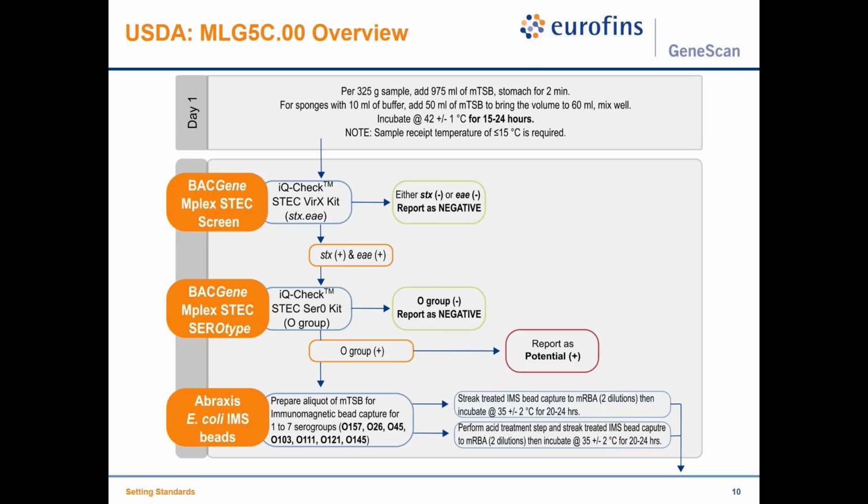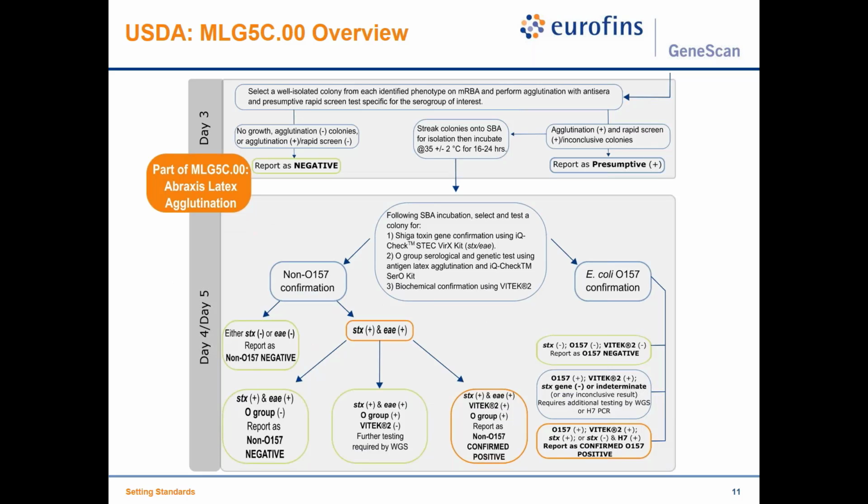In the MLG, however, you will go via these IMS beads that take your bacteria out of the enrichment by immunomagnetic separation. You will go onto plates. There are different treatments on the plates, like this acid treatment to reduce the background flora.